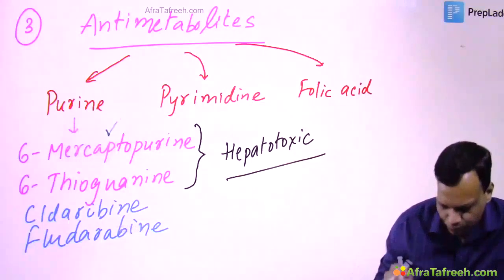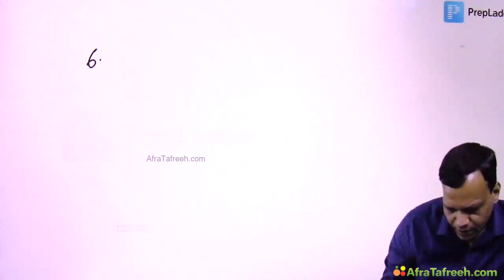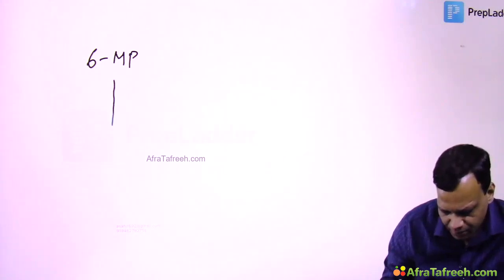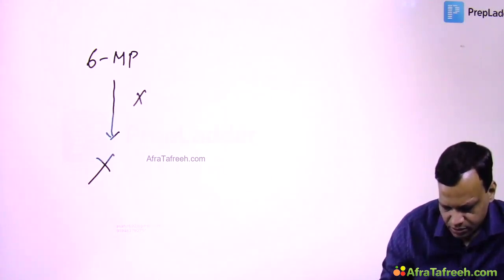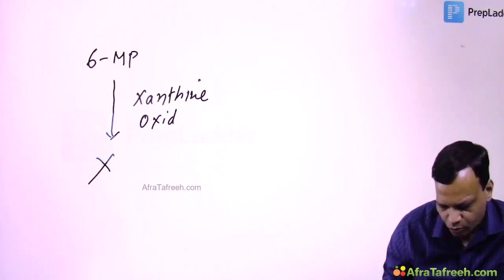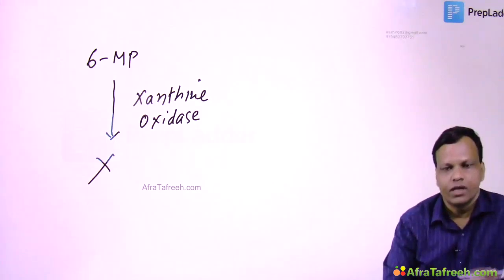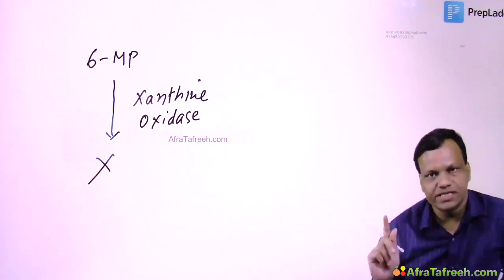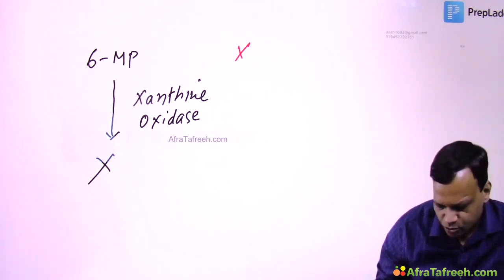Then 6-mercaptopurine is metabolized by an enzyme called xanthine oxidase. So xanthine oxidase will make 6-mercaptopurine inactive. And xanthine oxidase is the same enzyme which converts xanthine to uric acid.